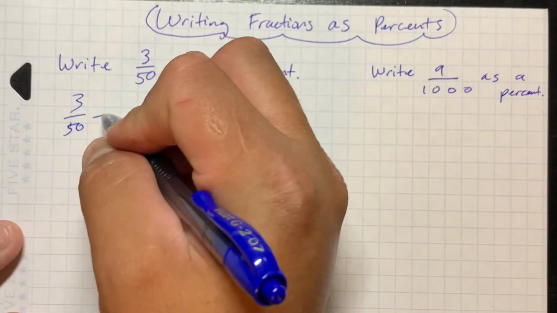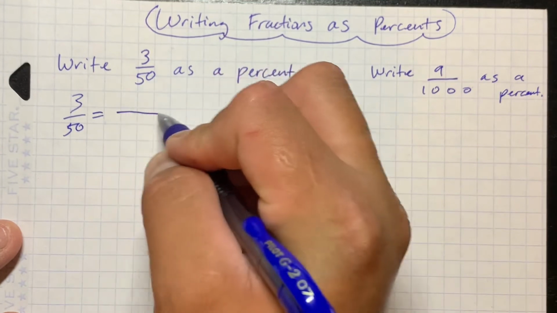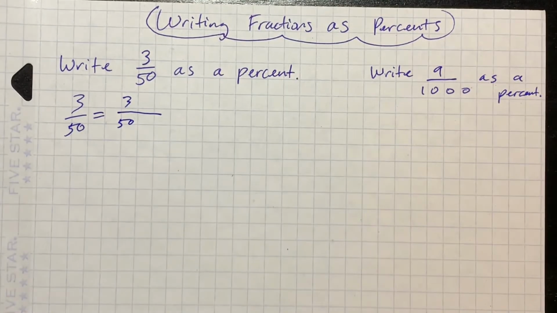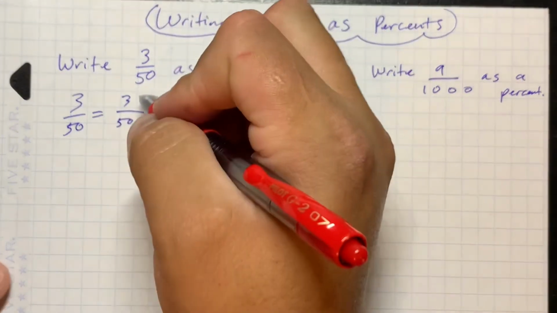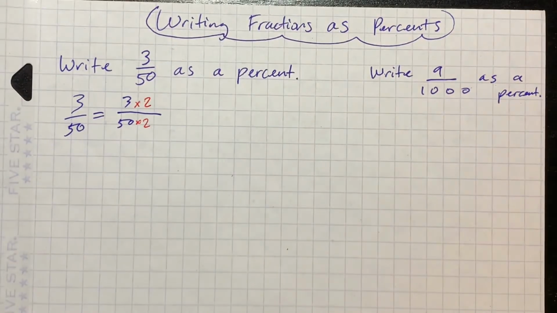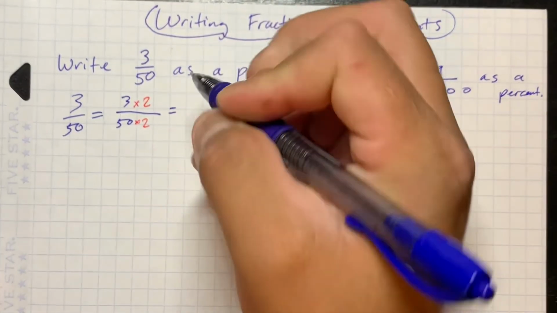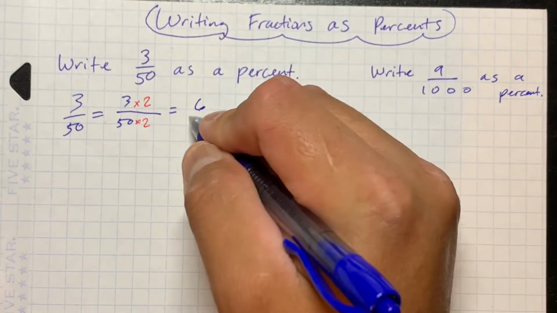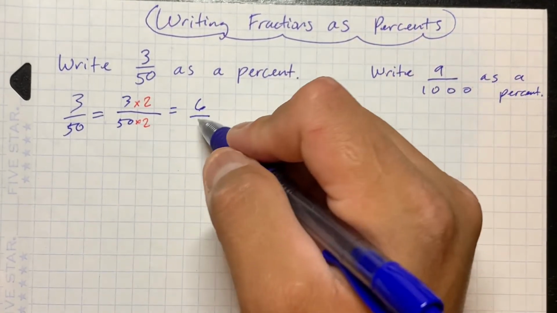So we have to make the denominator 100. We do that by multiplying by 2. You do that to both top and bottom. Now what that means is 3 times 2, your numerator, is going to be 6. 50 times 2 is going to be 100.